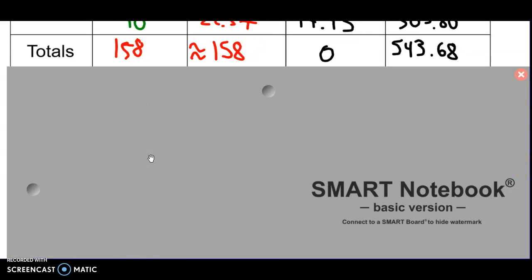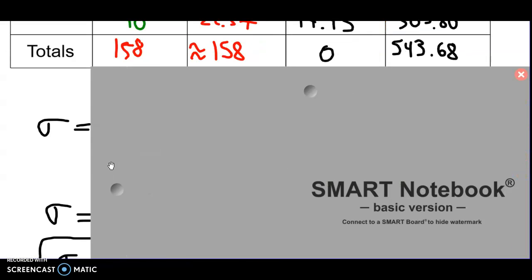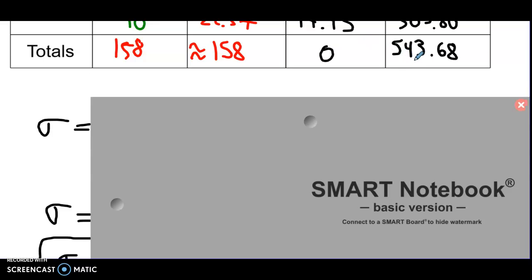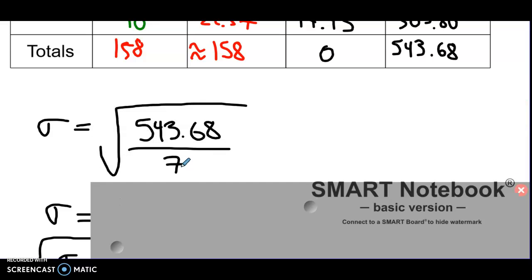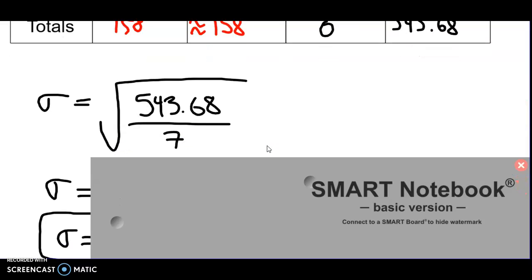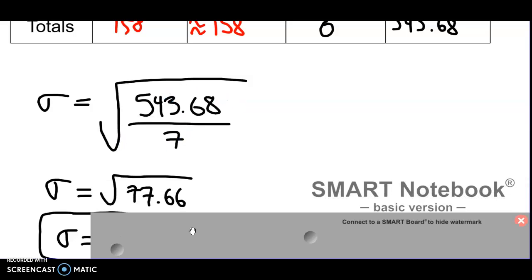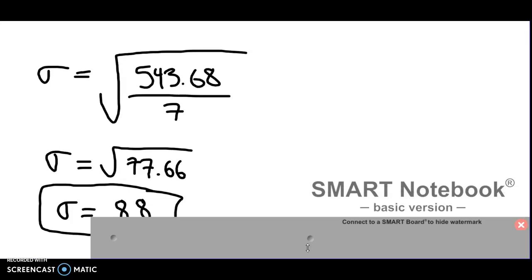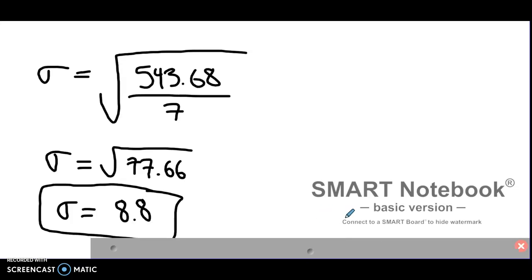So now we're going to calculate our sigma, right? So our sigma, we know we're going to put 543.68 over how many numbers there were, so 7, and square root that. So divide those two numbers and square root it. 77.66. And lastly, get that number for me, 8.8.